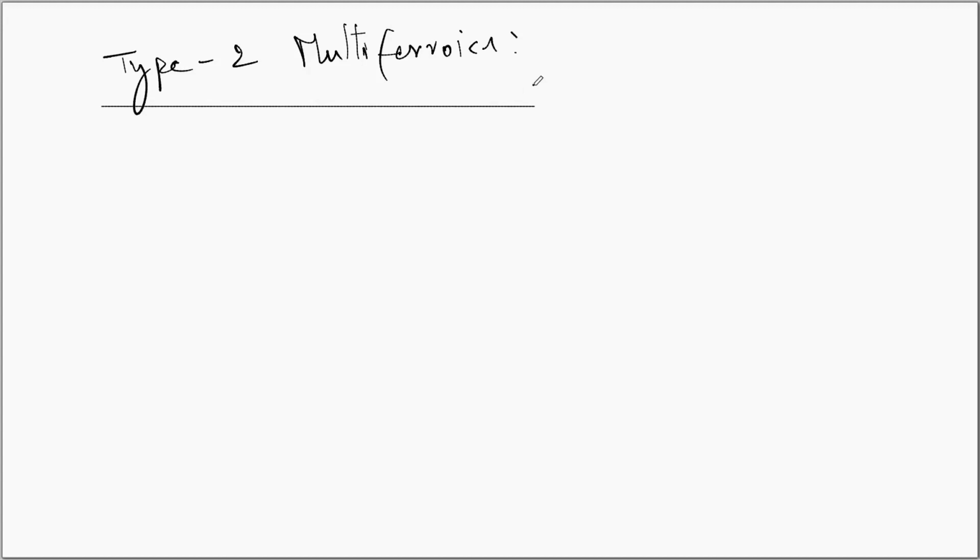If the ferroelectricity and magnetic transition emerge jointly, then we call such multiferroics type 2 multiferroics.